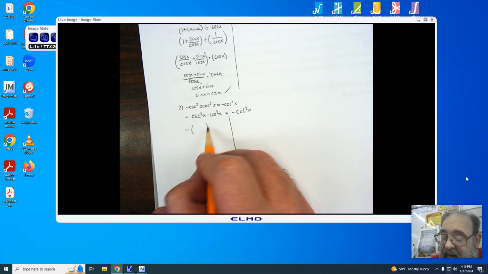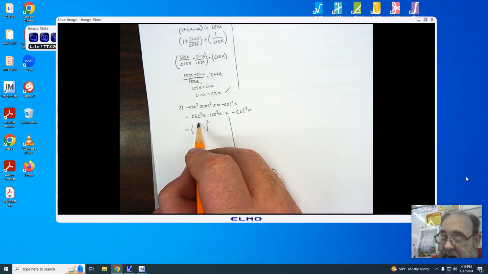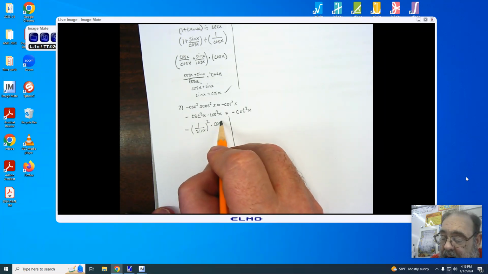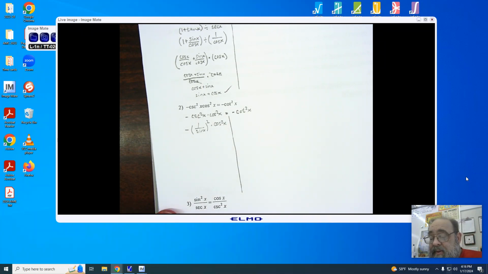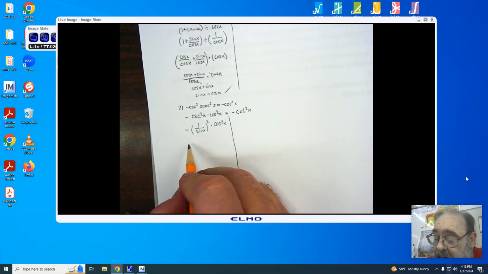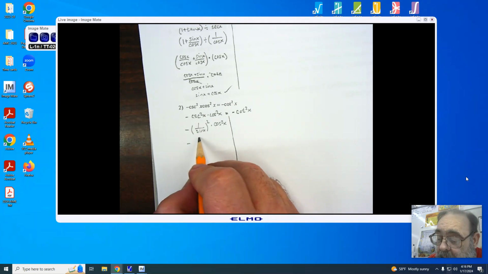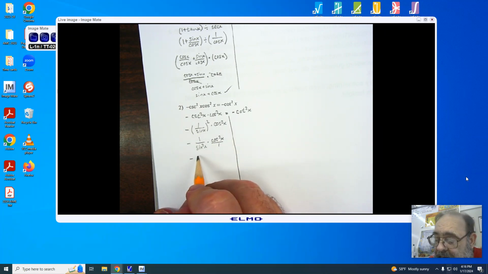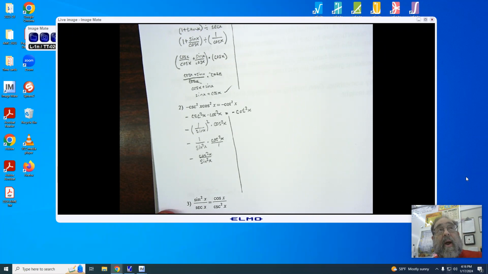Now you'll notice I'm going to factor out the square so that I can do this nice and easily. I then have times cosine squared x, and it's going to remain the same. This then will simplify into negative 1 over sine squared x times cosine squared x over 1. And when I multiply, I'm left with cosine squared x divided by sine squared x with a negative directly in front.